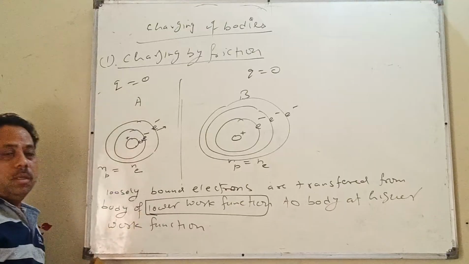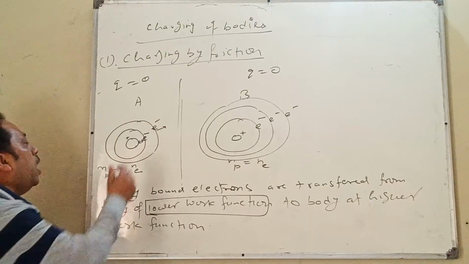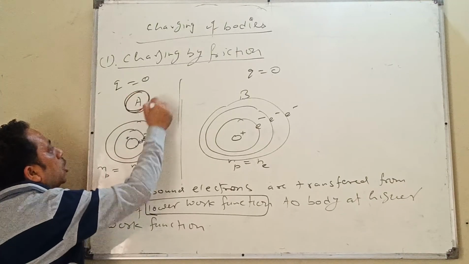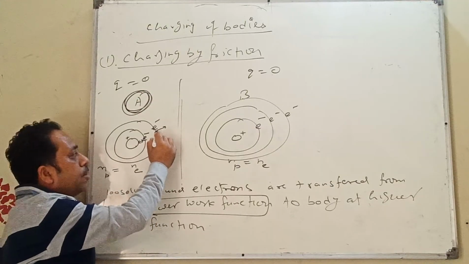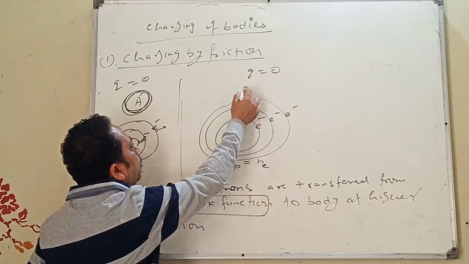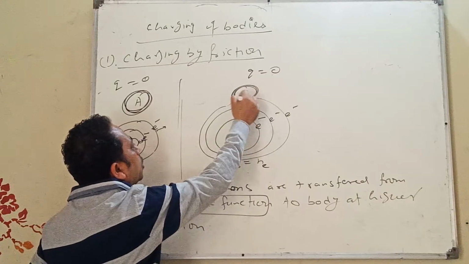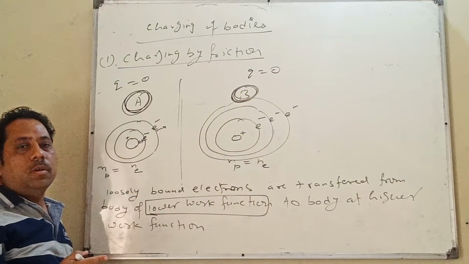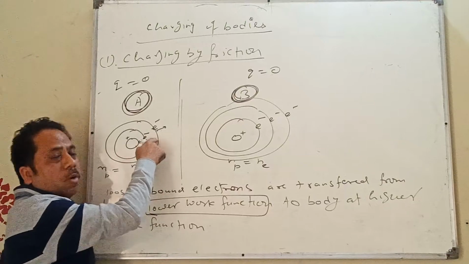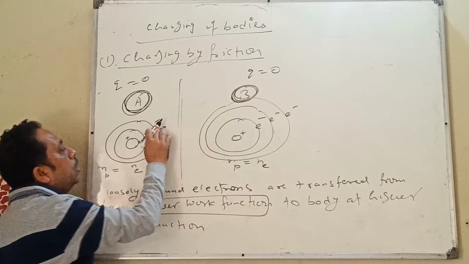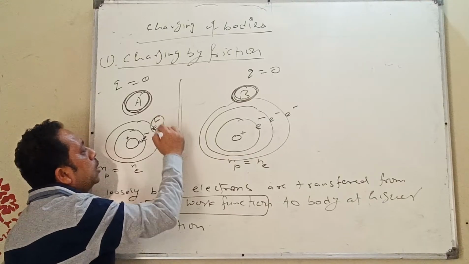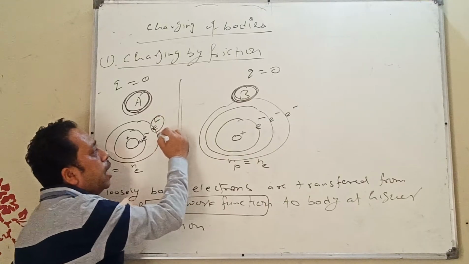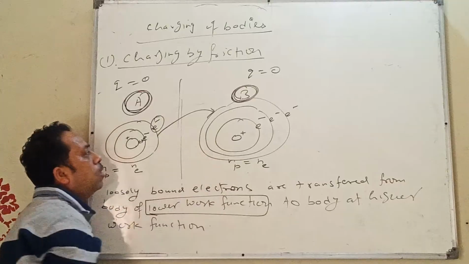Let us suppose that body A is at lower work function, so it can easily lose electrons, and body B is at higher work function, so it will gain the electrons released by body A. For example, let one electron be removed from body A and transferred to body B.